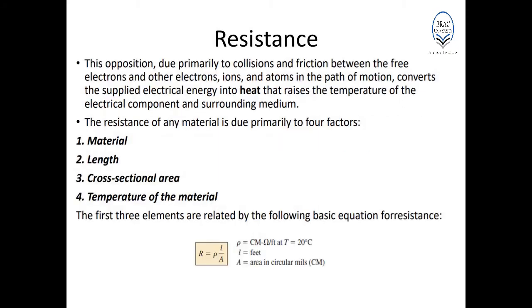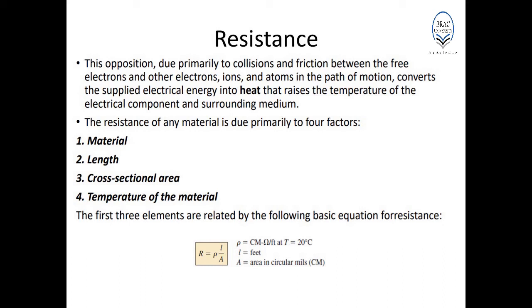The opposition due to primary collision and friction between the free electrons and other electrons, ions, and atoms in the path of motion converts the supplied electrical energy into heat. This heat raises the temperature of the electrical component and the surrounding medium.